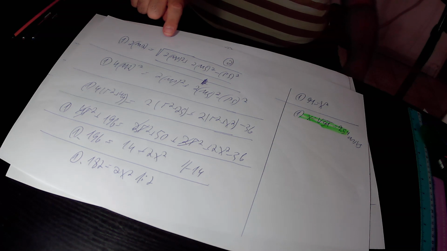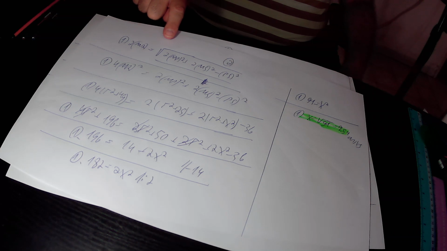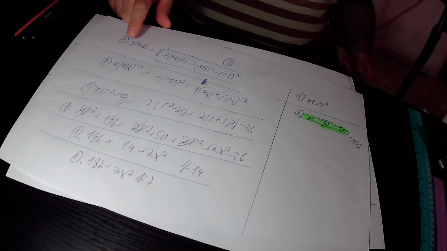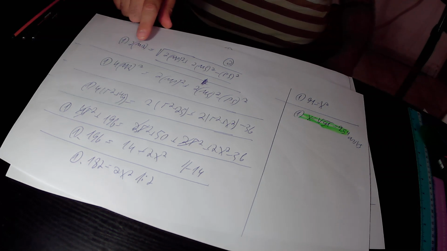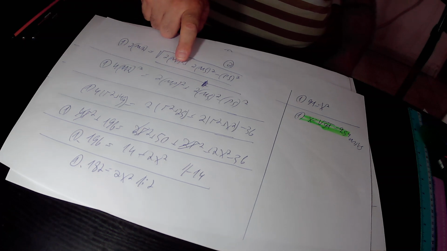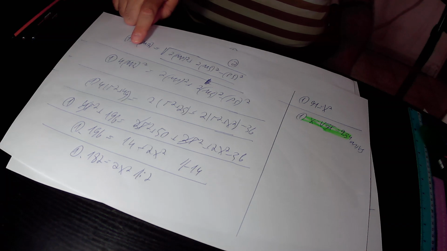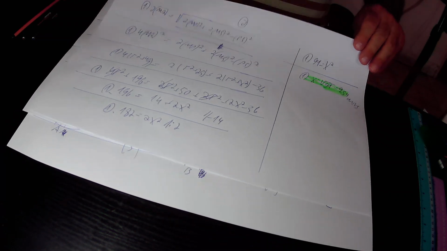And because the square cancels the root, we're left only with what is inside the root, that is 2MP squared plus 2MS squared minus PS squared. So in total, according to equation 1, we find that 4MQ squared equals 2MP squared plus 2MS squared minus PS squared. So we have 4 times MQ squared.